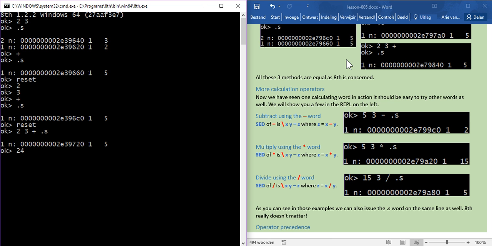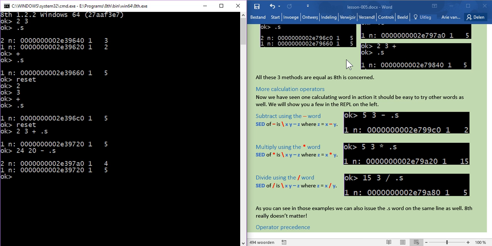So 24 20 minus .s. And now you see what happens. The 4, the result, is at the top of the stack, and below that is the previous result, which was still on the stack. But that value really doesn't matter for the minus operation.